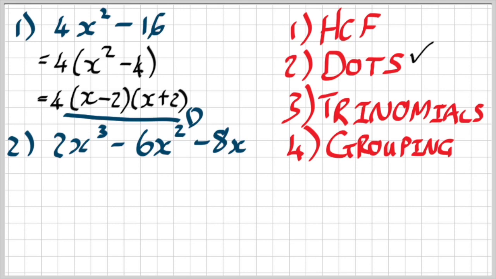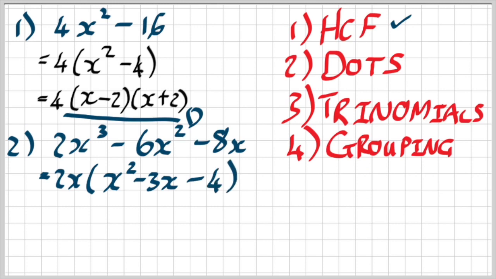Let's look at the second question. Factorize that completely. What is step 1? Is there a highest common factor? Yes, there is. I can take out a 2x common. That leaves me with x squared minus 3x minus 4. If I look in the brackets now, is that a difference of 2 squares?